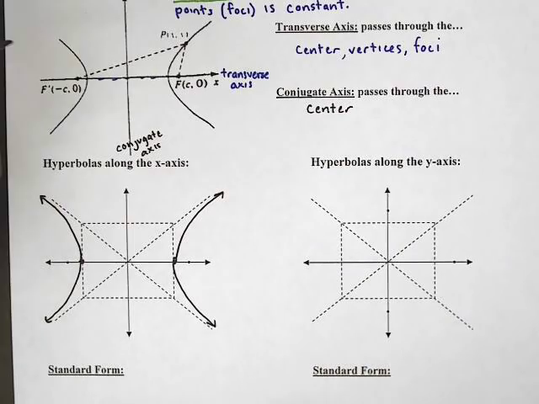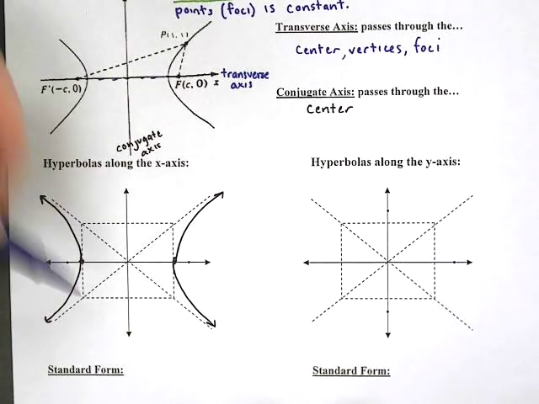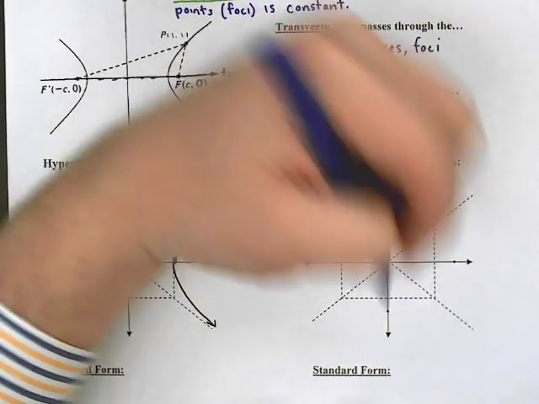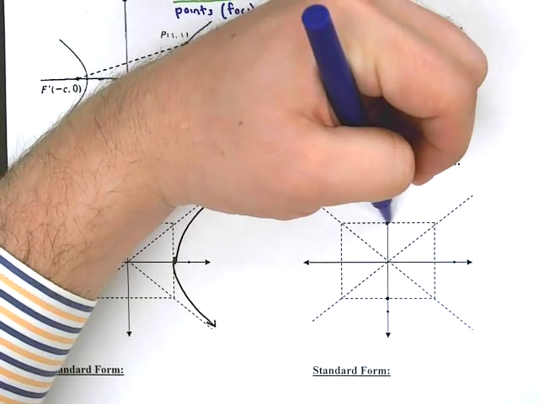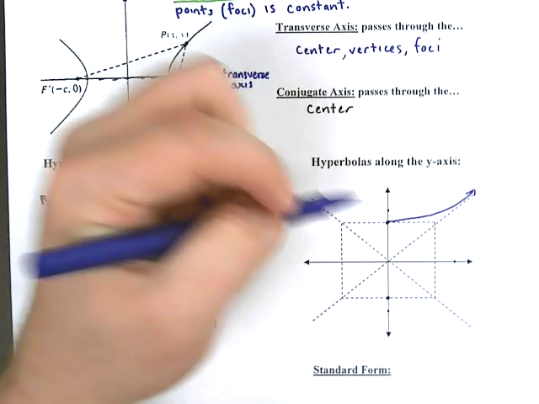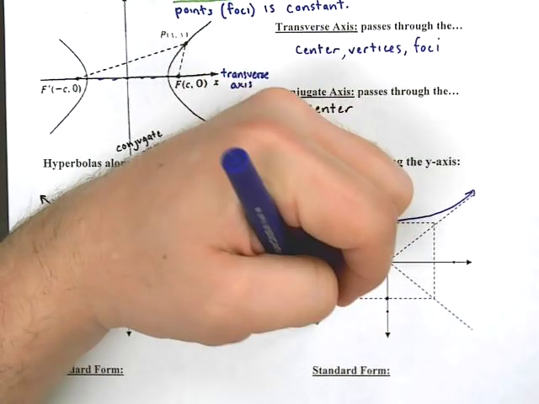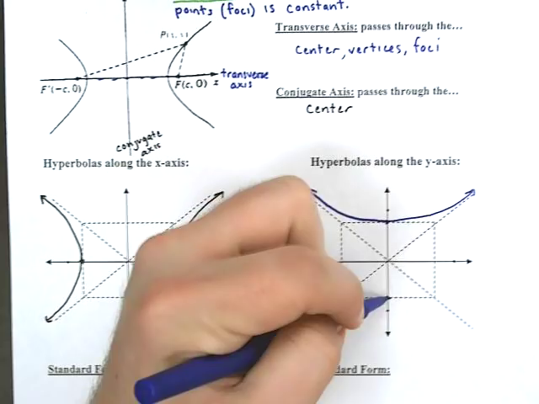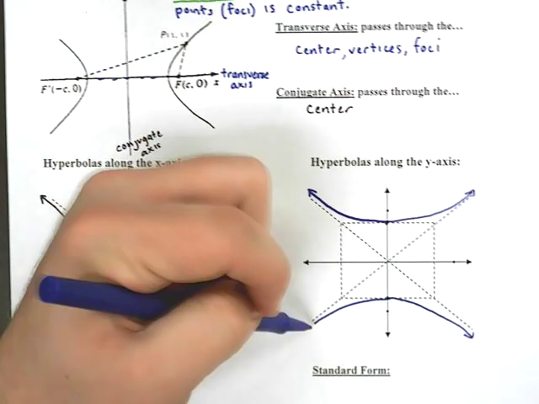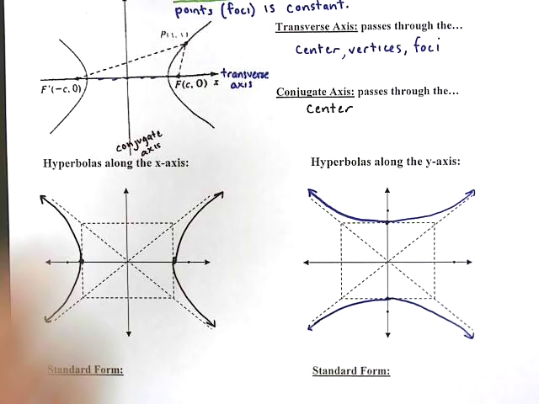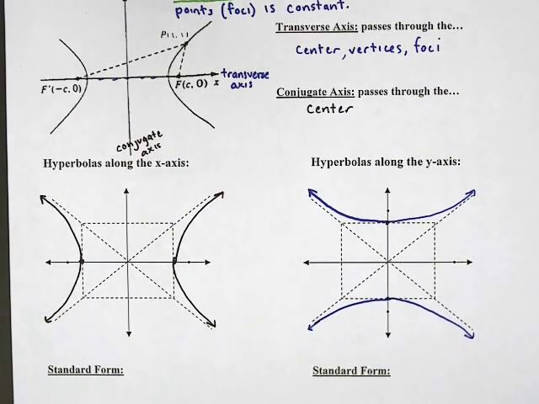We can also have them along the y-axis. Notice, nothing's changing, just where I'm putting my vertices, and now it opens up and down rather than left and right. So let's be really careful here.